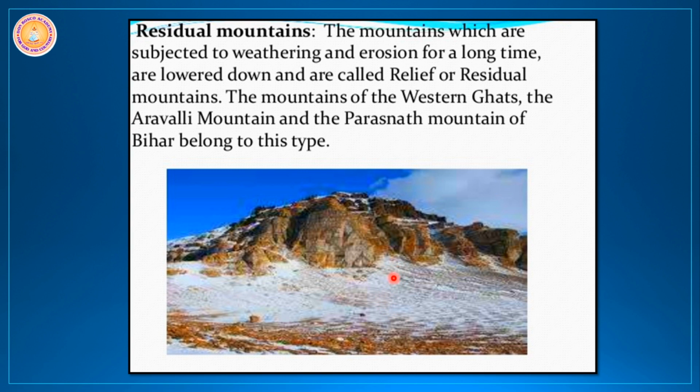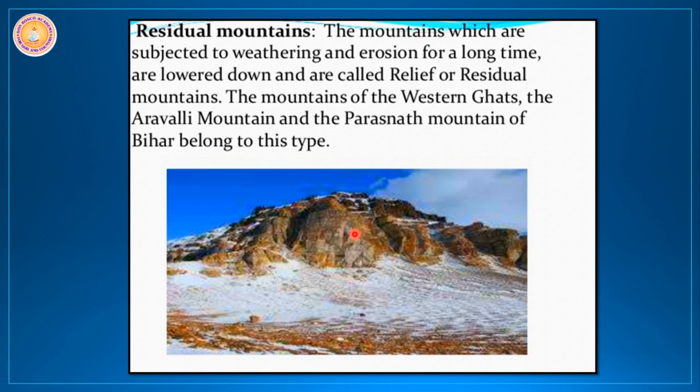Residual mountains. When an area of highland remains standing after getting badly eroded by agents of gradation, such as winds and glaciers, the harder rock remains intact while the softer rock is eroded.